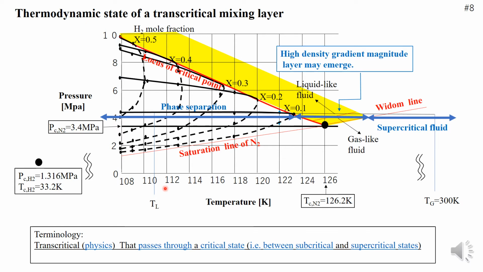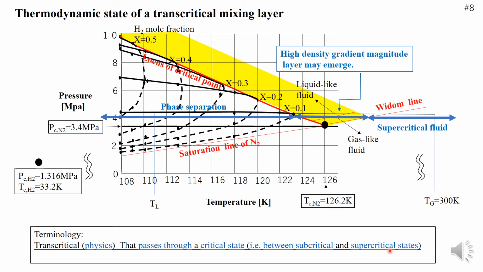Almost all of them have claimed that the calculated results characterize the transcritical mixing. In our understanding, we follow the usual terminology, transcritical, meaning that it passes through a critical state, namely between subcritical and supercritical states.